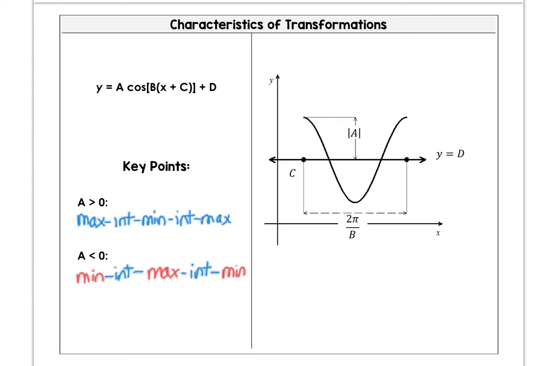And just like our sine function, A was our amplitude, D was our midline, 2 pi over b was the length of one cycle or the period of the function, and C in this case was our starting point.